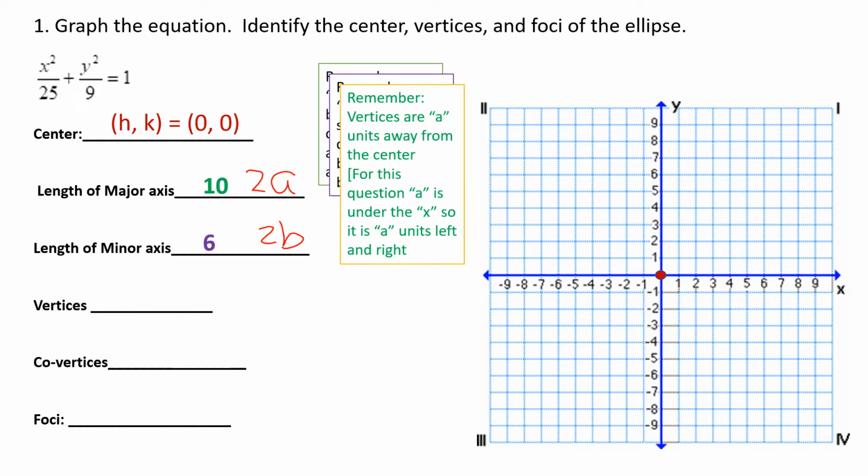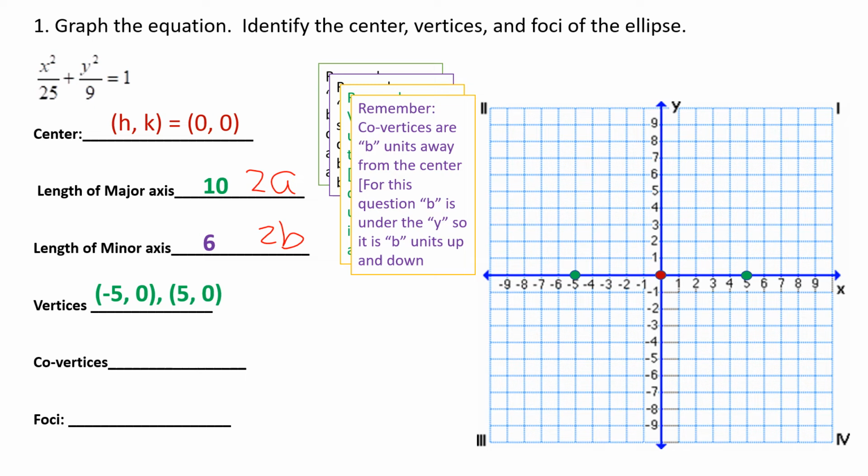The center is (0, 0). I'm going to count 5 units on each side of the center to put the vertices. So the vertices are going to be at (5, 0) and (-5, 0).